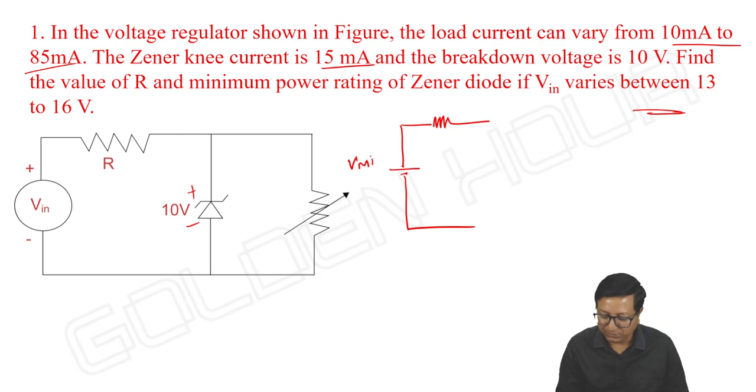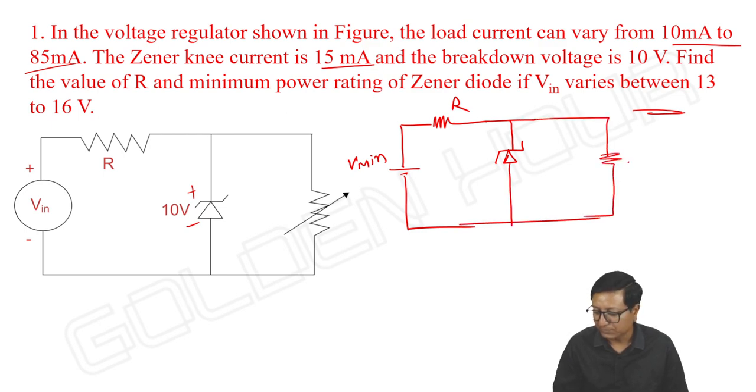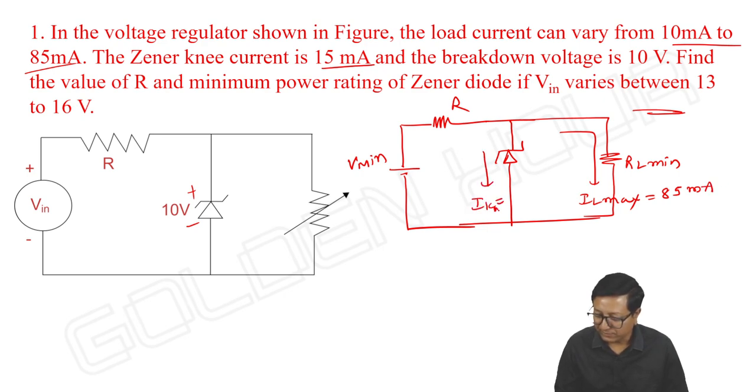V input is minimum, RL is minimum, IL maximum. The load current is varying from 10 to 85 milliampere, so IL maximum is 85, and the knee current is given as 15 milliamperes.